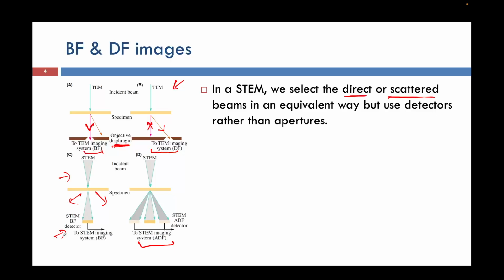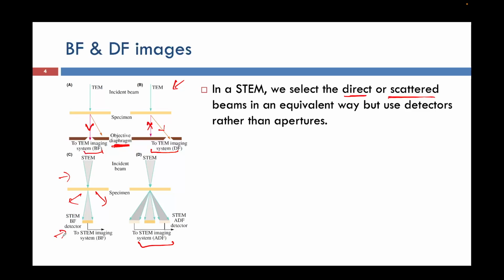Similarly, let's say I want to see dark field imaging in STEM. Dark field imaging means we want to get the diffracted rays which have interacted with our specimen, and depending on their Bragg's condition or the diffraction condition, they have been scattered or diffracted, and we want to see what the orientations of the planes are in my material.